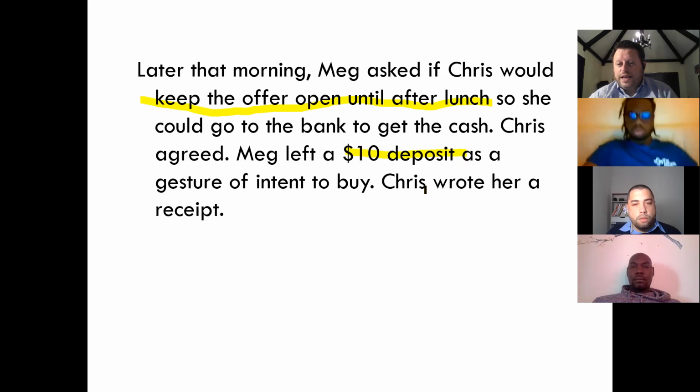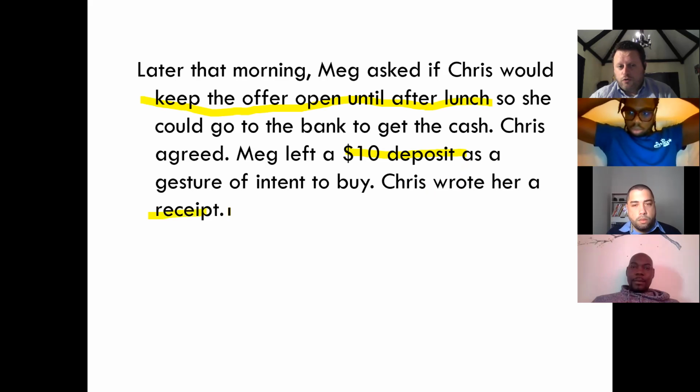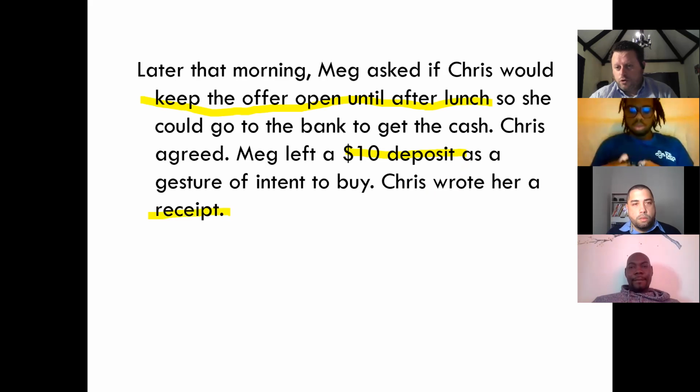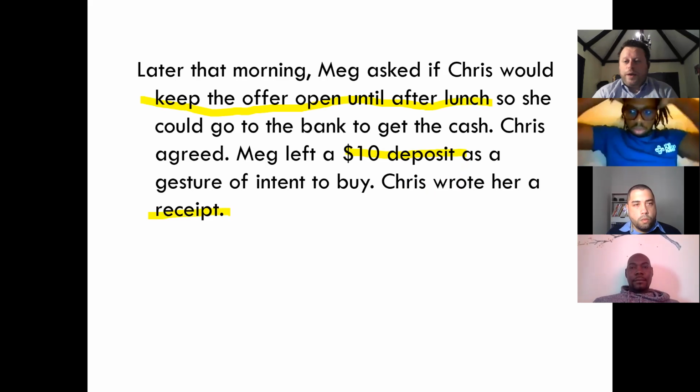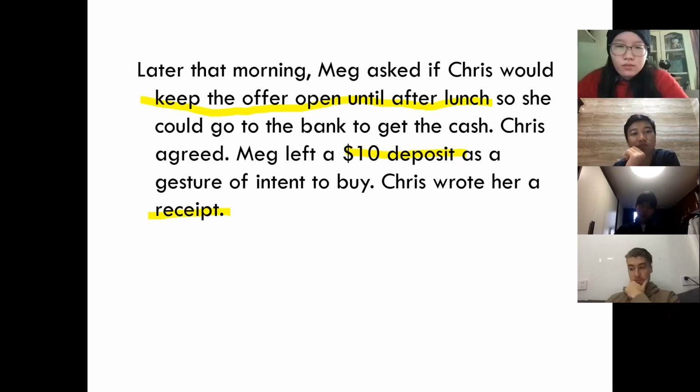We know that Chris accepted Meg's offer because he took the money and wrote her a receipt. So now we have an offer by Meg, an acceptance by Chris, and new consideration. What did they exchange? What did they give each other?